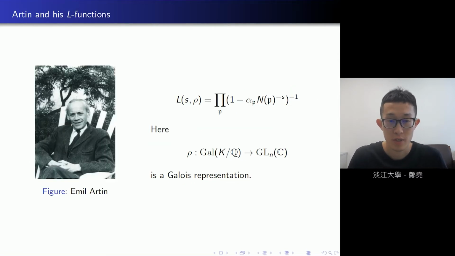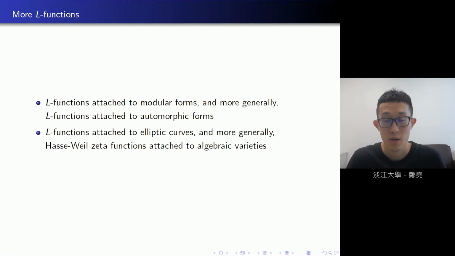We also have the L-functions attached to Galois representations, and as you can see, it's defined by Euler products. To list more, we have the L-functions attached to modular forms or automorphic forms. And we also have the L-functions attached to elliptic curves and the Hasse-Weil zeta functions attached to algebraic varieties.